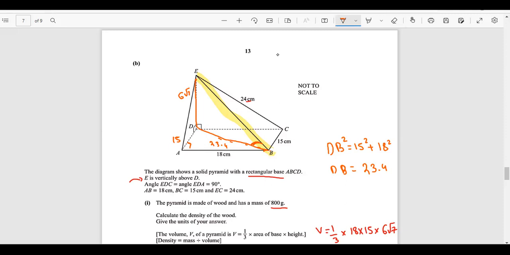Because ED was the height of the pyramid, so this angle with the base of the line ED would also be 90 degrees. So we are interested in finding out this. The side opposite to this angle is this, it is given. So we have the perpendicular side and we have the base.